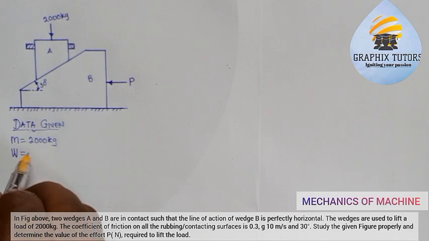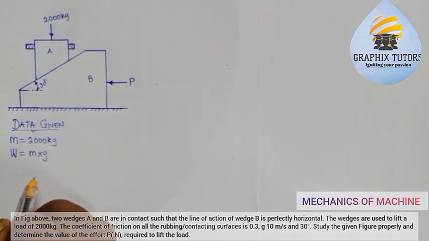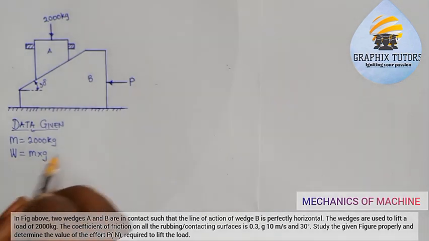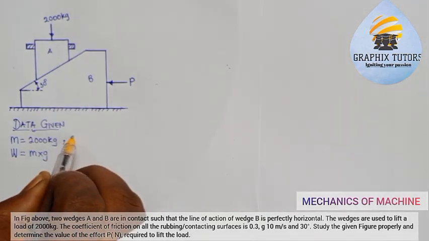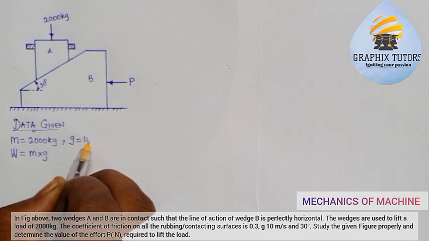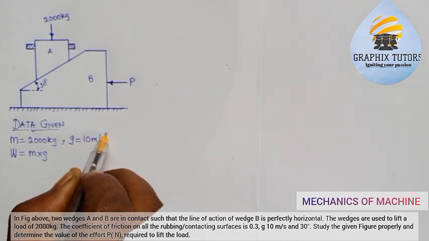So since the mass is given, automatically weight is given. What is the weight? Mass times gravity, right? Now the gravity G is given to be 10 meter per second square.